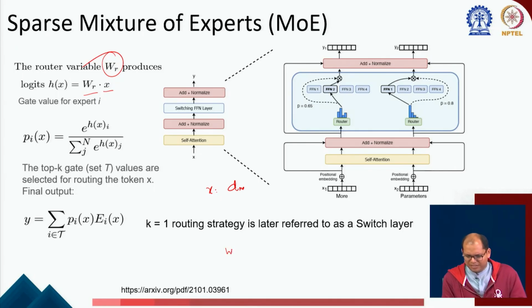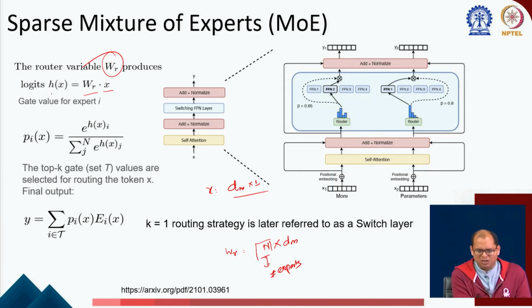So WR will be number of experts times dm, if x is dm cross 1. You can play with the dimensions. The idea is that WR multiplied with x will give you an n dimensional vector, where n is the number of experts. So these are the logits that you get: a value for each expert.